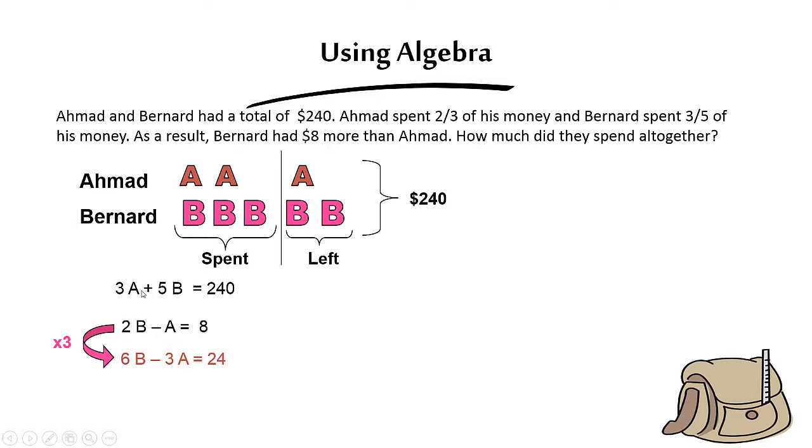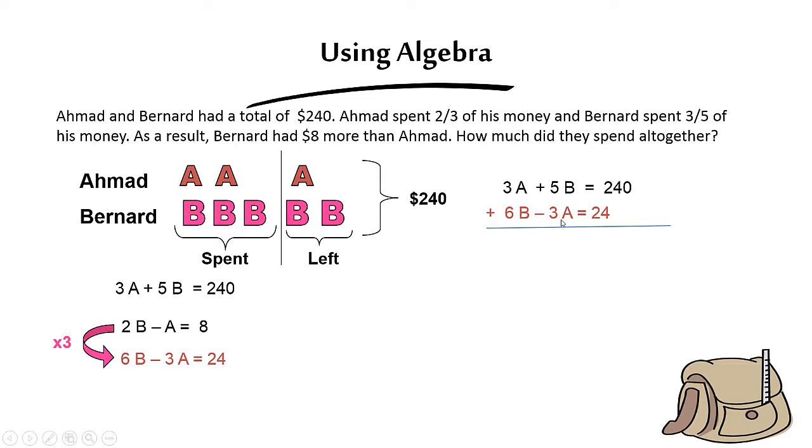I just times 3 to every term to make the 3A same as this 3A. Then the next step, since the 3A's are the same, I put them on top of one another. The 3A plus 5B I put on top, while the 6B minus 3A equal to 24 I put below. From here I put a plus and I draw a line across. Why do I do that? The reason is because 3A minus 3A will cancel away.